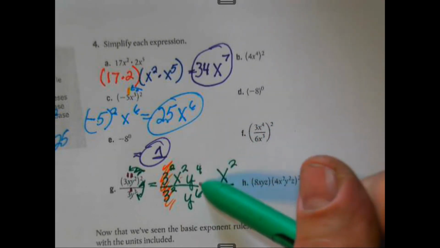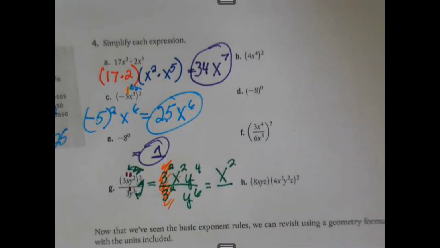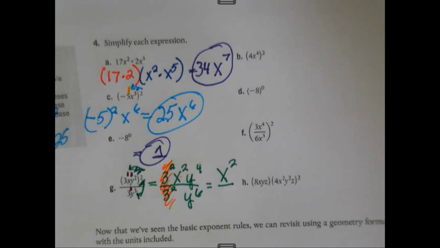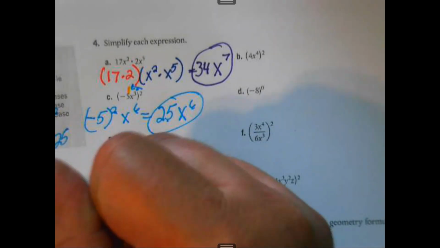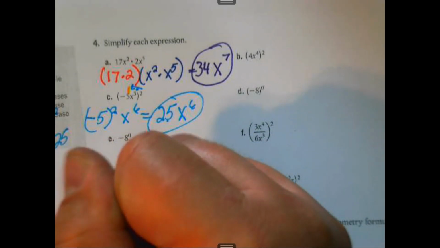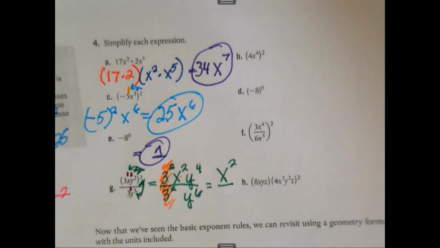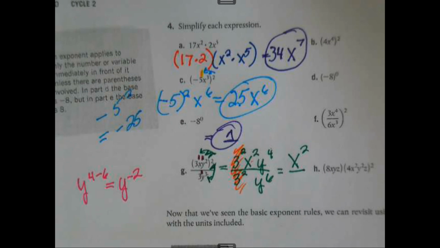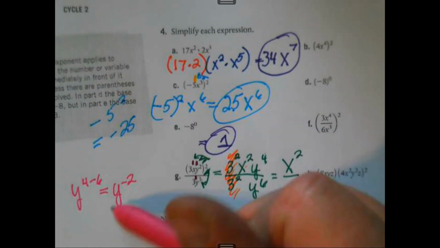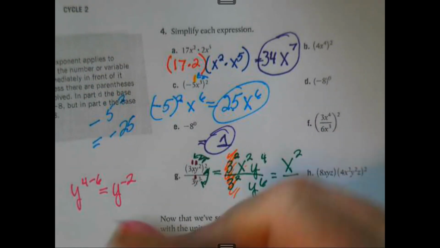Y to the 4 minus 6. So I'm going to do that off to the side here. Y to the 4 minus 6 equals y to the negative 2. And if you remember back from Algebra 2 and even Algebra 1, you can never have a negative exponent.